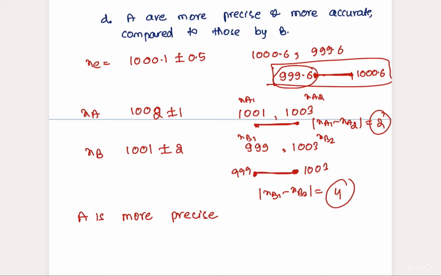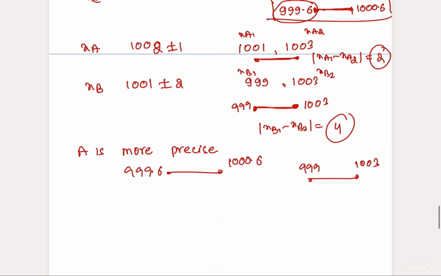So this 999.6 to 1000.6 is included in 999 to 1003. Therefore this is for B. So B is more accurate compared to A.